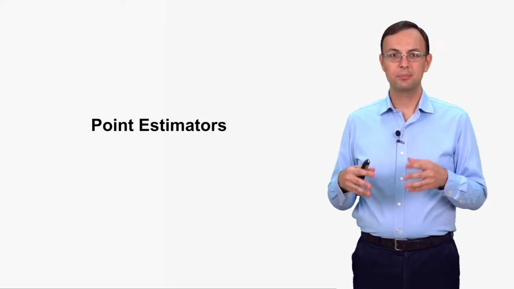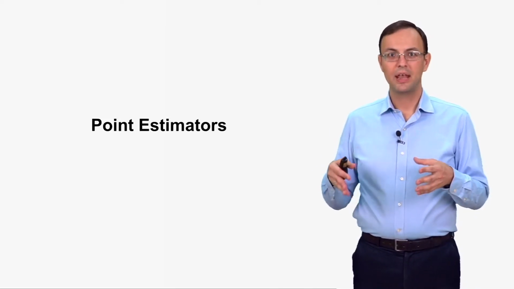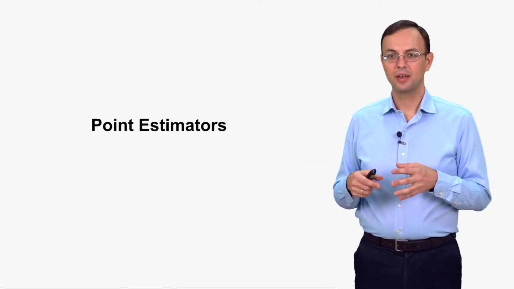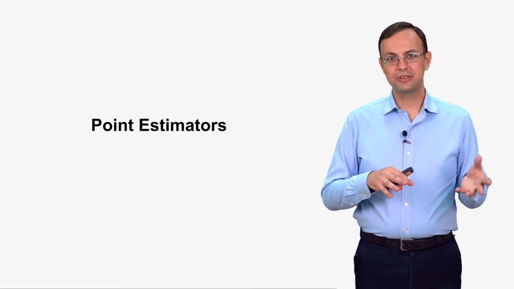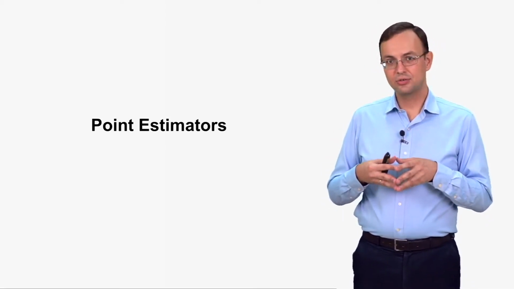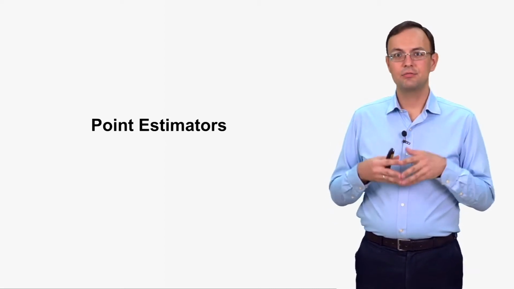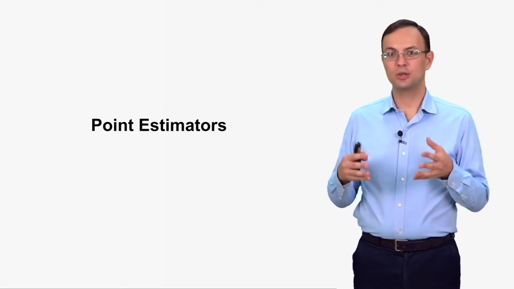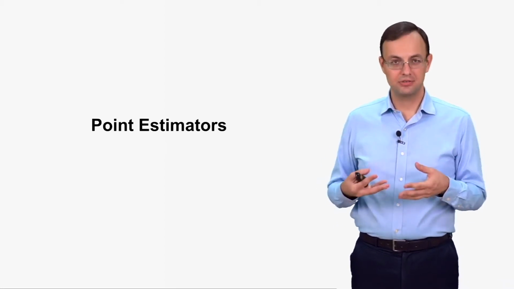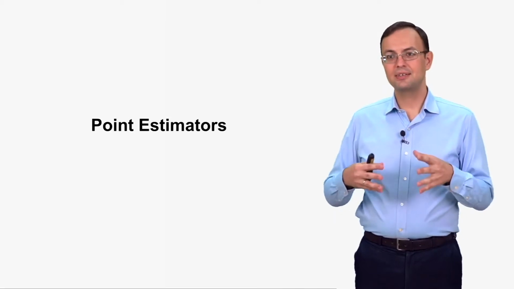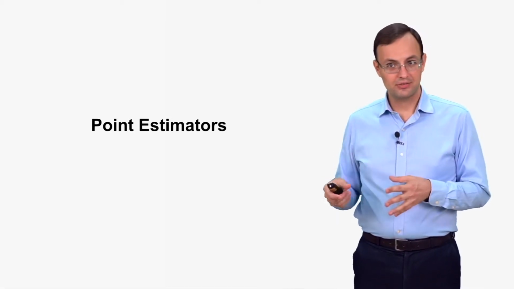And these are the problem of estimation and hypothesis testing. So each problem is either an estimation problem or a hypothesis testing problem. And today I'll try to explain what the estimation problem is and what an estimator is. And our first topic is point estimators.